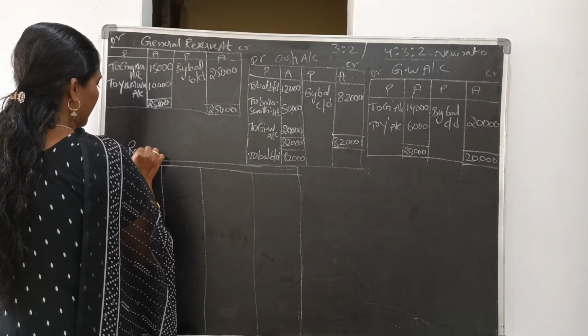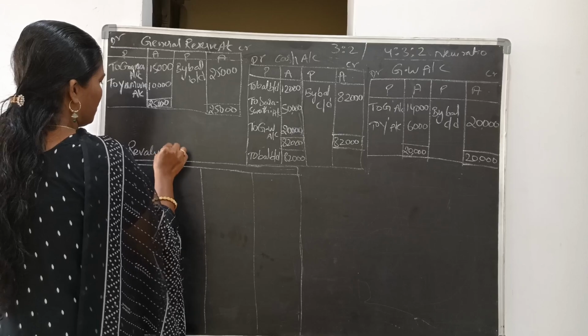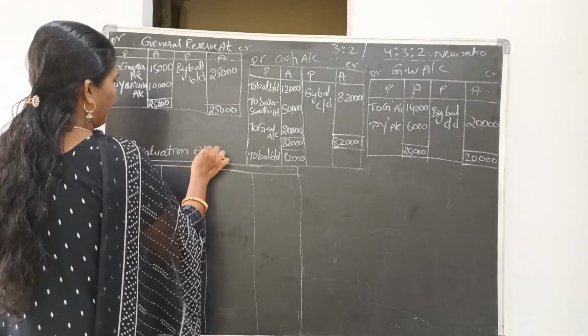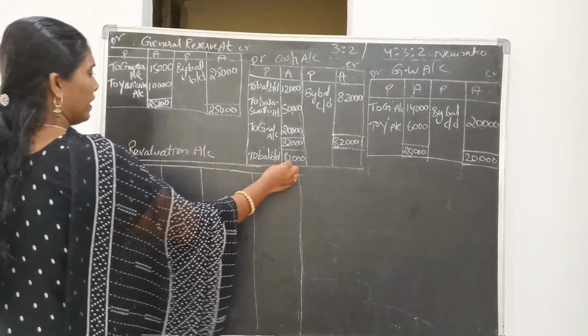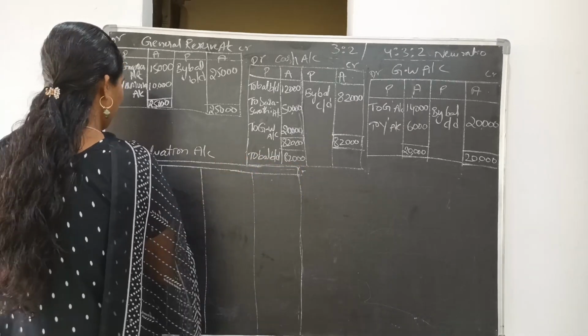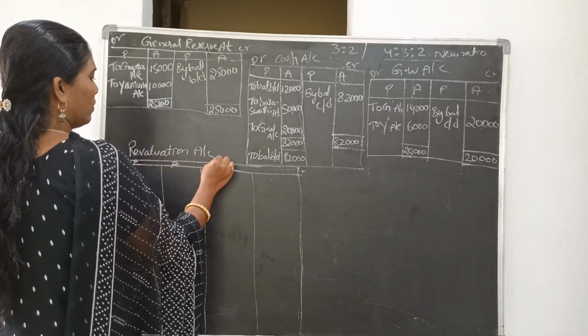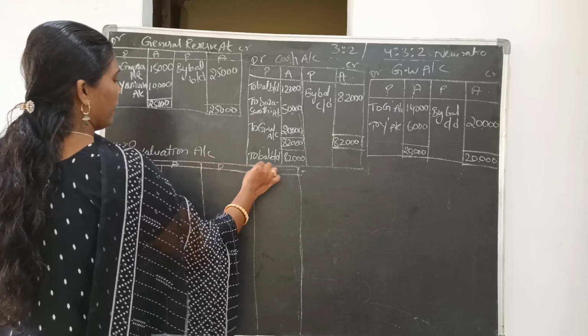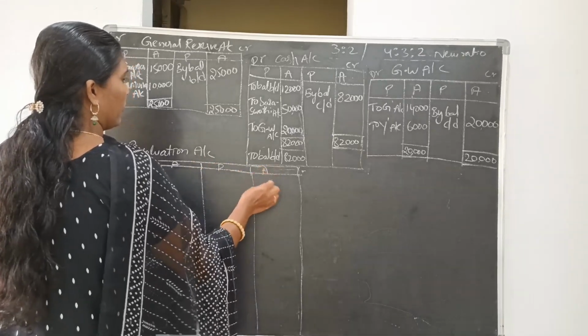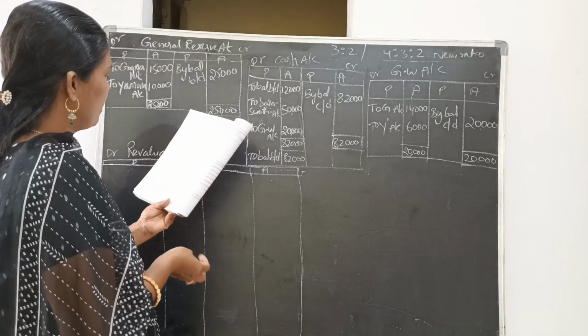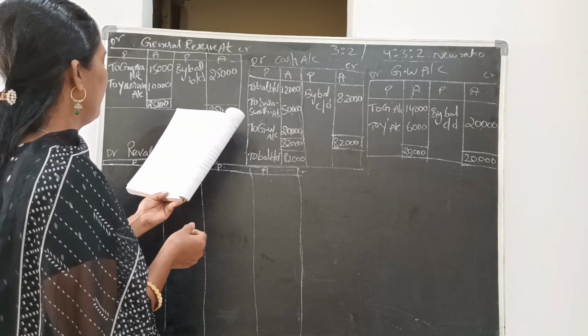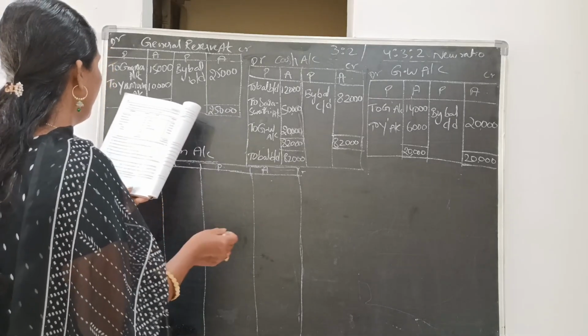Head of account is revaluation account. This is the debit side and this is the credit side, and the particulars and amount. Now look into the adjustments. Land and building appreciated by 20%.